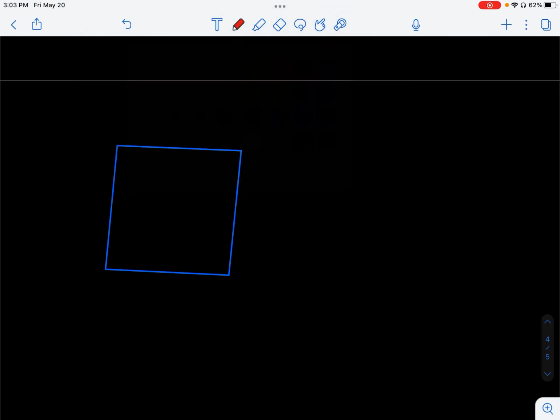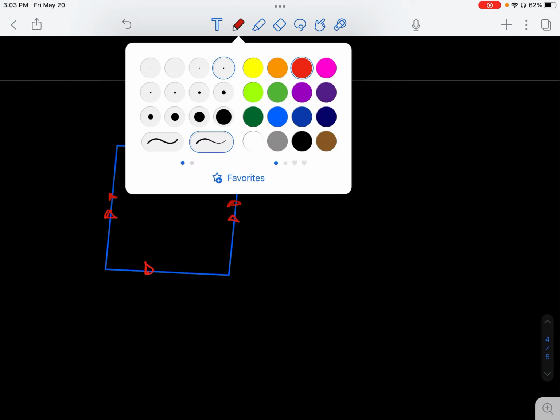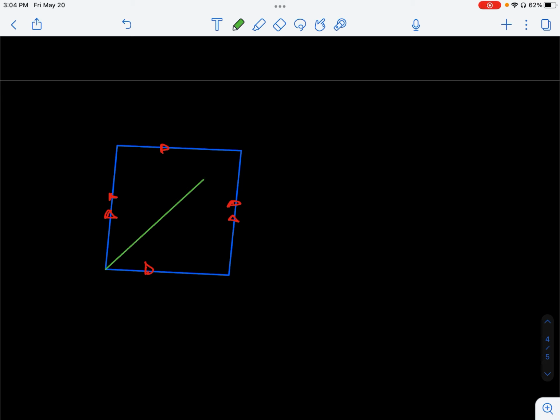But what if we have a parallelogram, and let me get my parallelogram drawn. This is parallel, and this is parallel to this. And let's put in our diagonals, because we were just talking about diagonals, although that one's not very good.